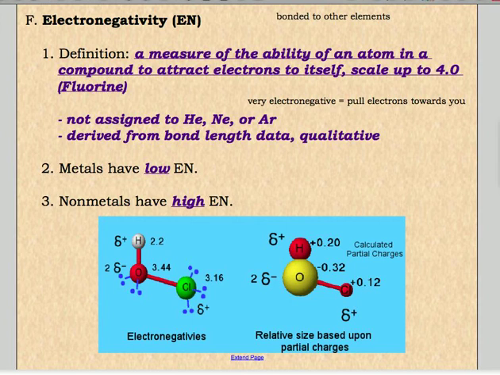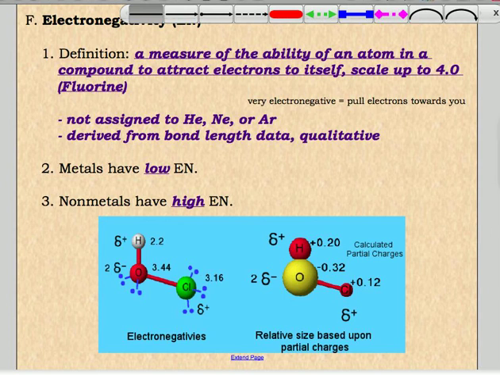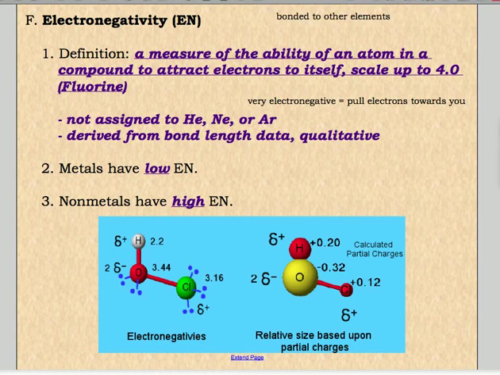If you're looking at this, what we have here is hydrogen, oxygen, and chlorine bonded together, and these numbers are their electronegativities. So hydrogen's 2.2, oxygen's 3.44, and chlorine's 3.16. What that means is that oxygen is going to pull electrons towards him. Oxygen's going to pull electrons from chlorine.